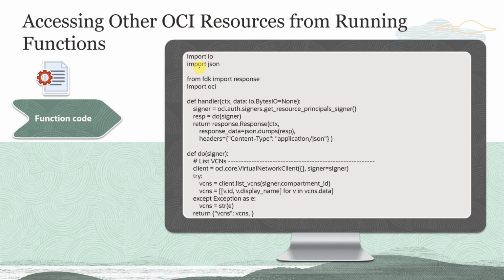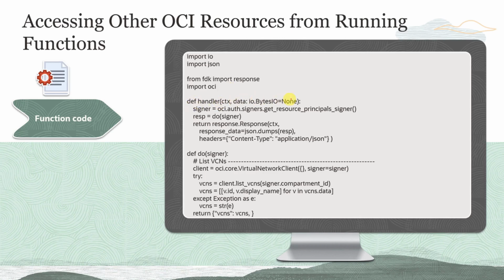Import json, a core Python library again used for working with JSON data. From fdk import response, this line is part of the Fn project's FDK for creating responses in serverless functions. And import oci is to import the Oracle Cloud Infrastructure SDK used to interact with OCI services.